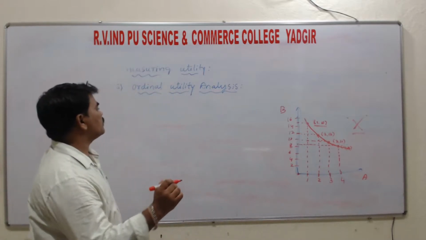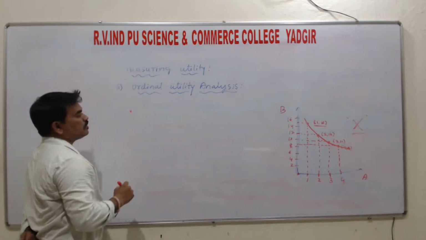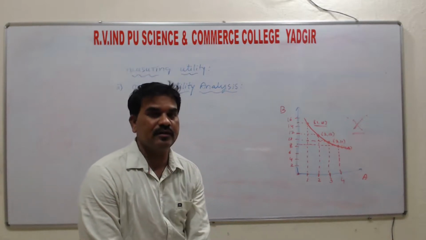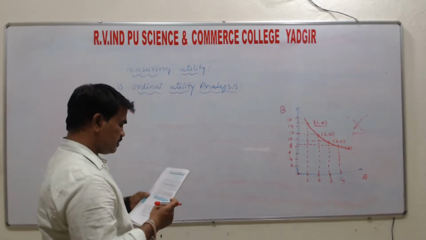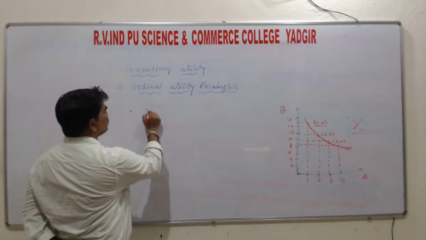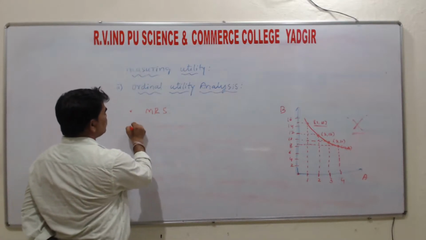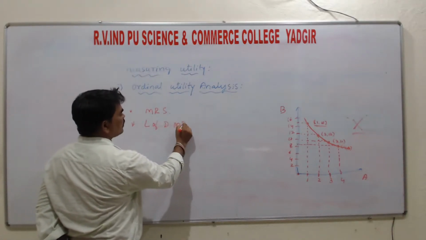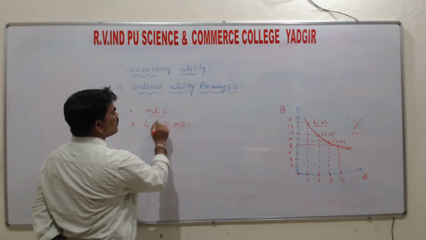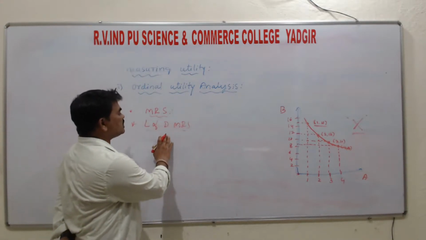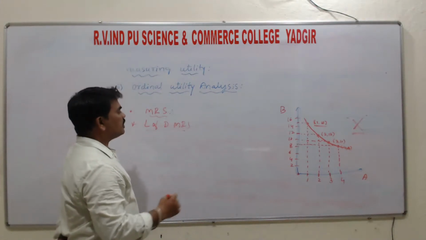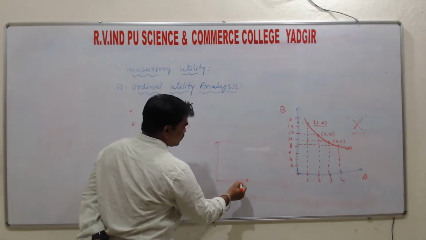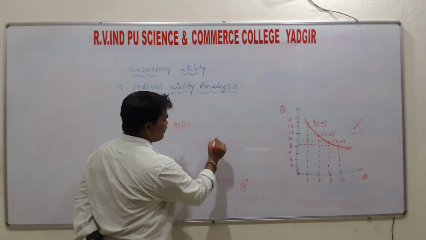Now there are two more topics here: marginal rate of substitution and the law of diminishing marginal rate of substitution. What do you mean by marginal rate of substitution and what does this law say? Here, this is banana and this is apple, correct?